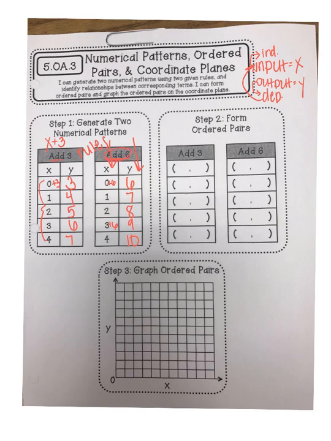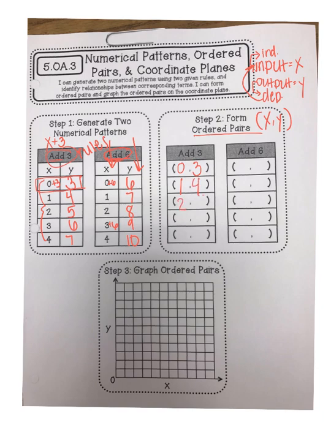We can also take our input-output tables and create ordered pairs. Remember, our ordered pairs are written in X, Y form. So in my first rule, when my input is 0, my output is automatically 3, because my rule was to add 3 to X. When my input was 1, my output was 4.